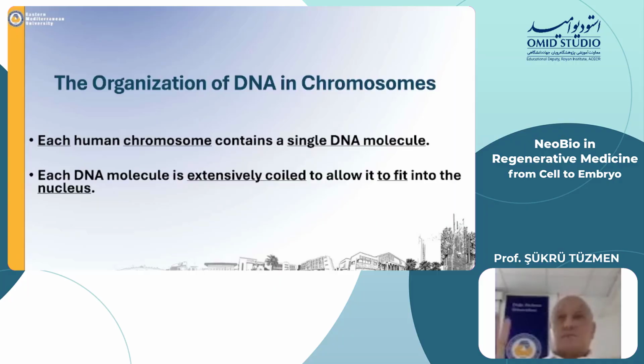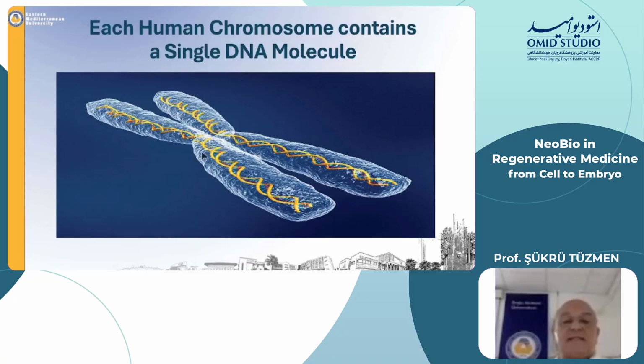Other than that, and the word normal is relative, obviously, each human chromosome contains a single DNA molecule. Each DNA molecule is extensively coiled, which allows it to fit into the nucleus, as I was saying. This is an oversimplified picture, obviously, but this is how it may look. You have the unique double-stranded DNA in a single chromosomal illustration here.